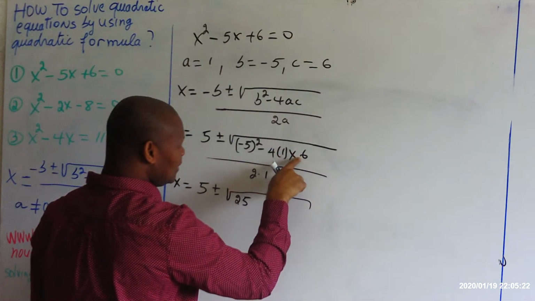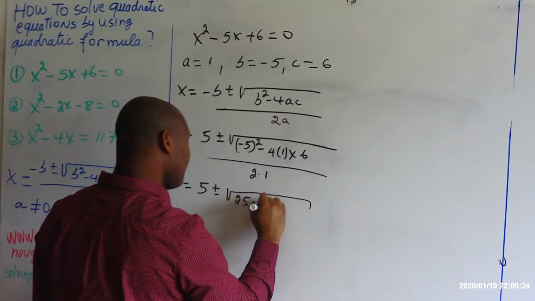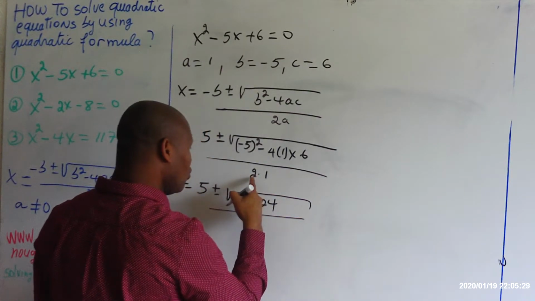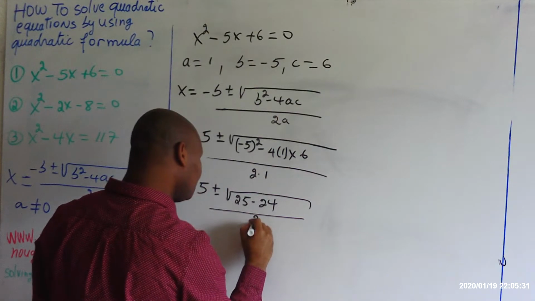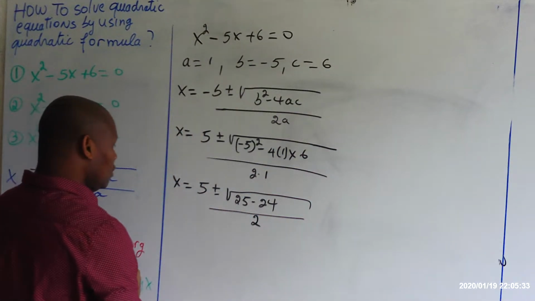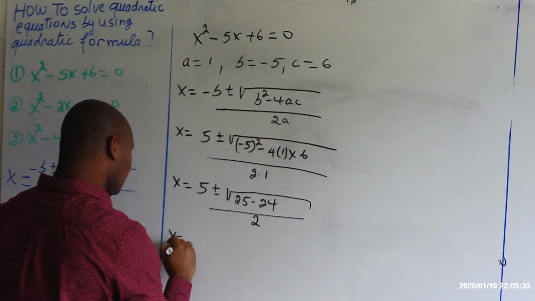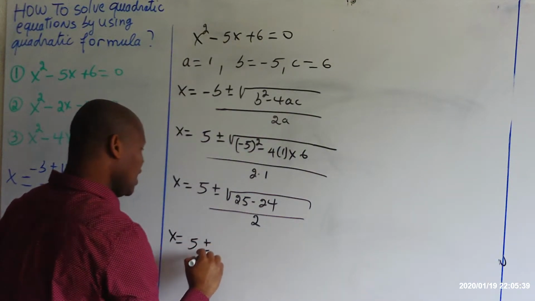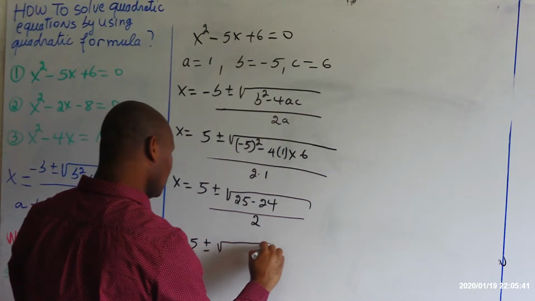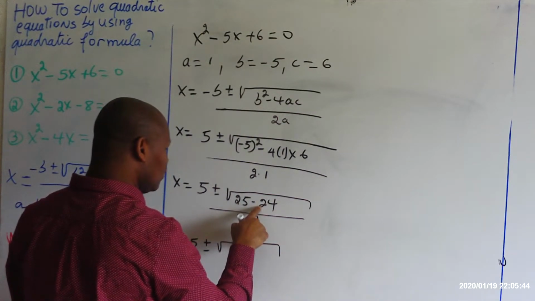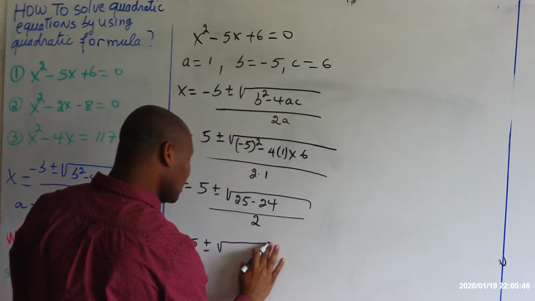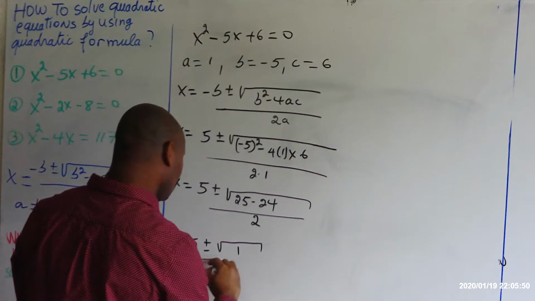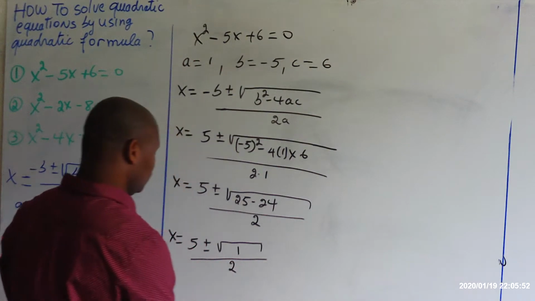Negative 4 times 6, that's negative 24. All over 2a, which is 2 times 1, is 2. Okay? So you will have x equals 5 plus or minus 25 minus 24, that's 1, over 2.